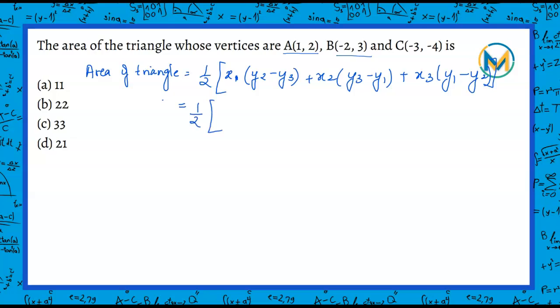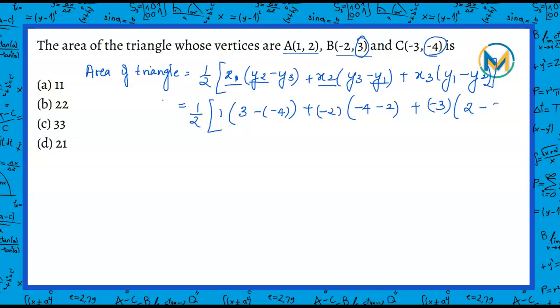So I have half, x1 is 1, so 1 into (y2, so 3, minus y3, minus 4), plus x2 is minus 2 into (y3 is minus 4, minus 2), plus minus 3 here.